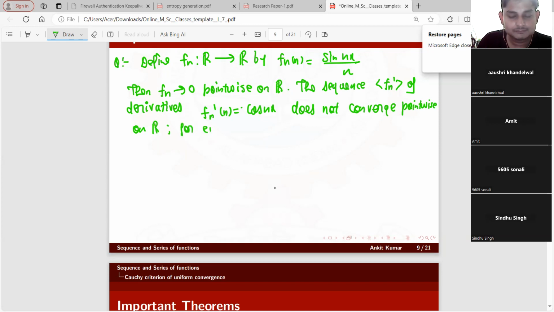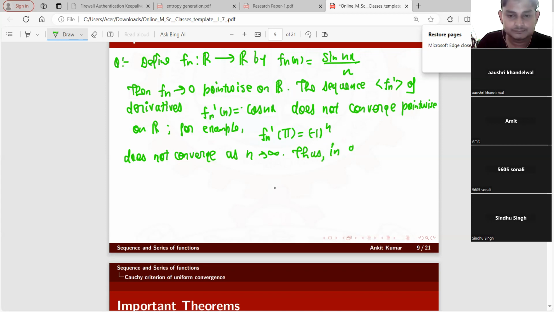For example, fn dash pi is minus 1 to the power n, which does not converge as n tends to infinity.